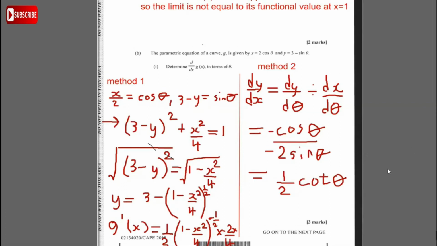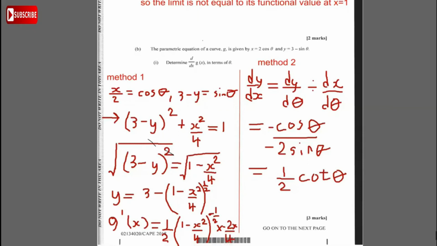So I'm going to finish it off right here. I'm going to carry method 1 up here, the draw arrow. Just going to finish off method 1 in this small space. Now the minus, the 2 here cancels the 2 here. And so what you get is 1 over 4 minus 1 over 4x.